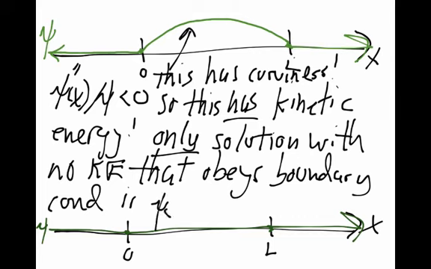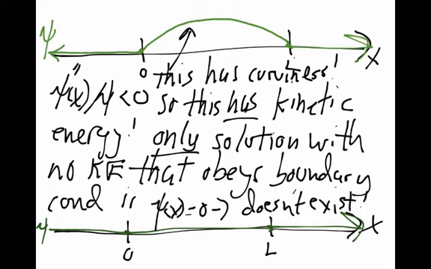But guess what? Psi equals 0 everywhere, we already said, is a particle that doesn't exist. So the only way that the particle cannot be in the box is to annihilate itself and not be there at all. That's not a particle in the box. That doesn't exist.